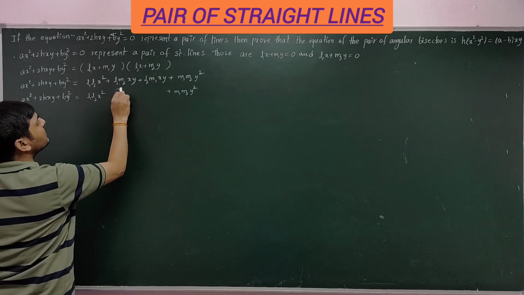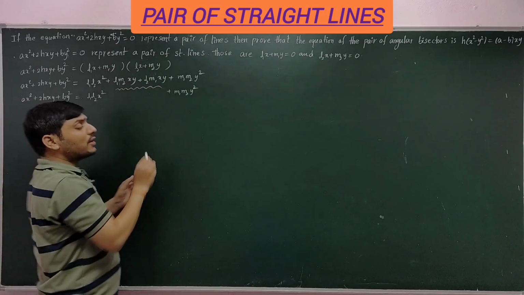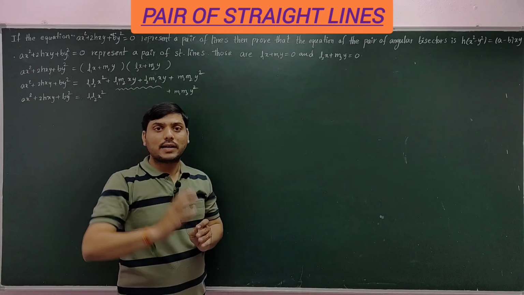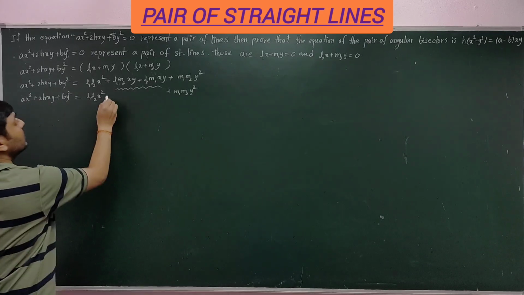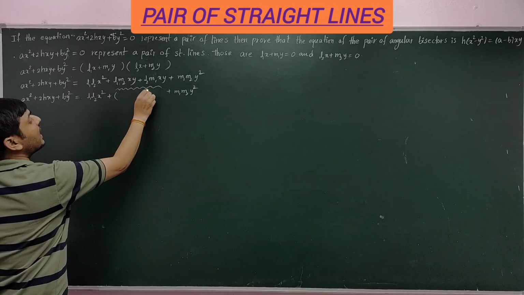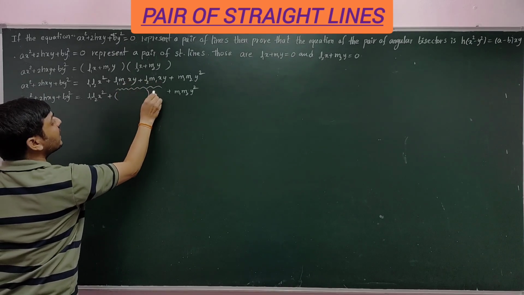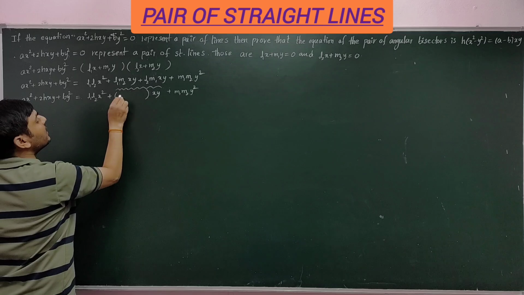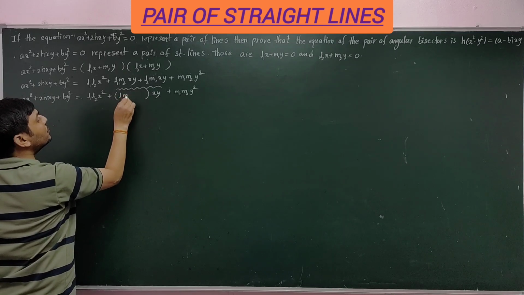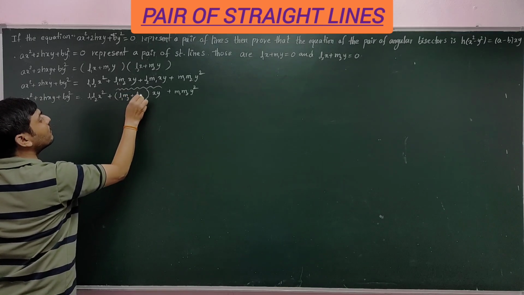These two middle terms have x and y common, so xy is outside, and the remaining term is L1 M2 plus L2 M1.